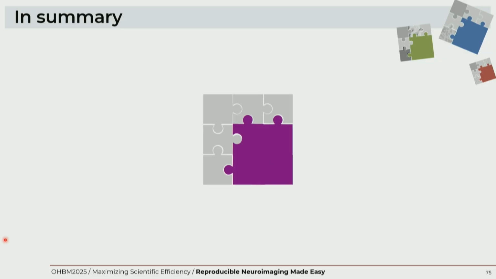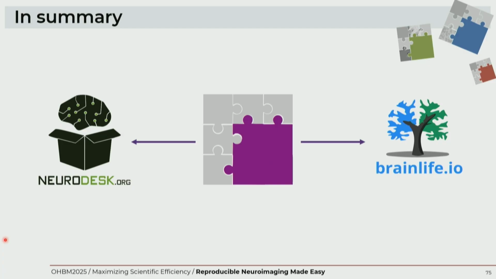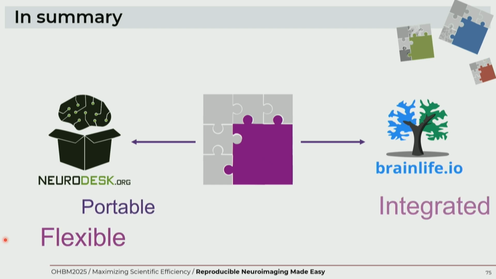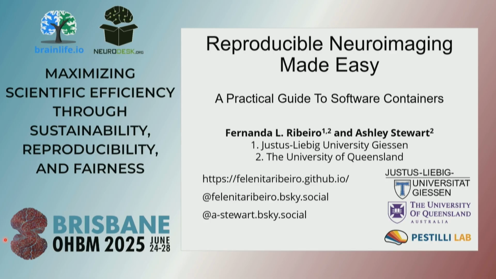And the adoption of containers in science has resulted in the flourishing of neuroimaging platforms like NeuroDesk and BrainLife, which give the benefits of containers to researchers. And as you can tell, these are complementary platforms, each providing unique benefits. NeuroDesk is flexible and portable, while BrainLife provides integrated and standardized solutions.